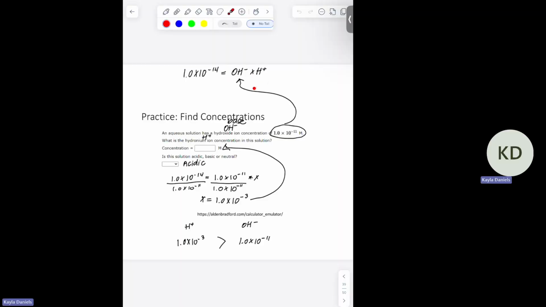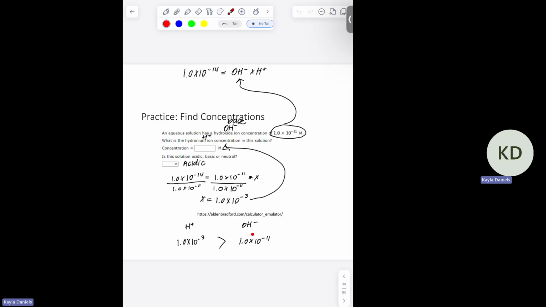Okay, so this is where we left off in lecture, finding the concentration of either OH or H plus, depending on what we're given, right? So every solution has a little bit of OH and a little bit of H plus, but what determines if it's acidic or basic depends on if you have more or less of the other.